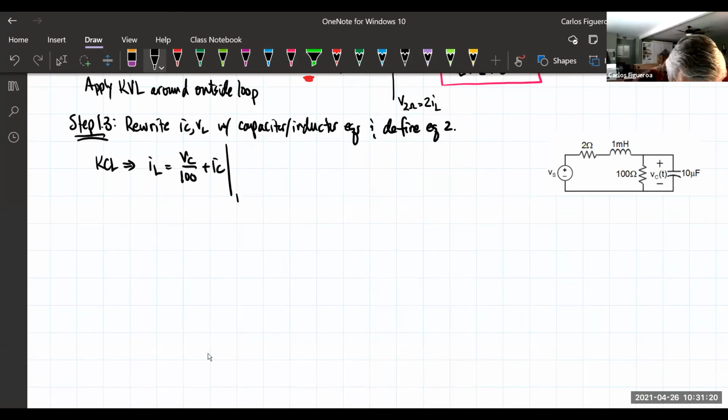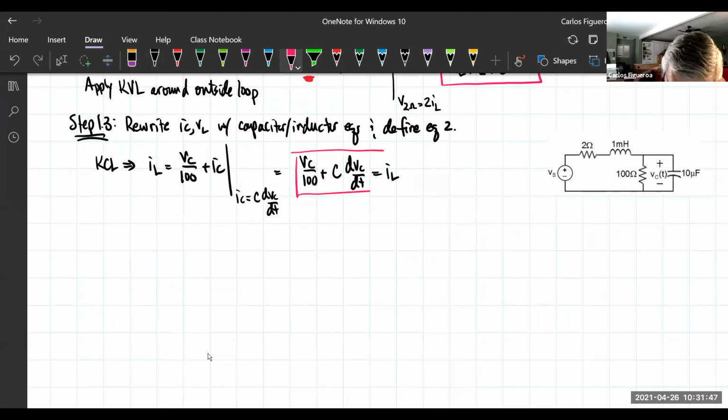So IC is going to be C dV/dt, where C, of course, is 10 microfarads. So this means I'm going to get VC over 100, plus C dV/dt, and this is equal to IL. That's my first one.